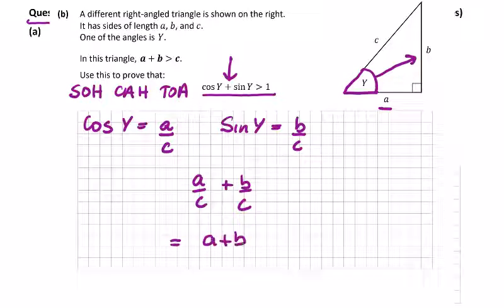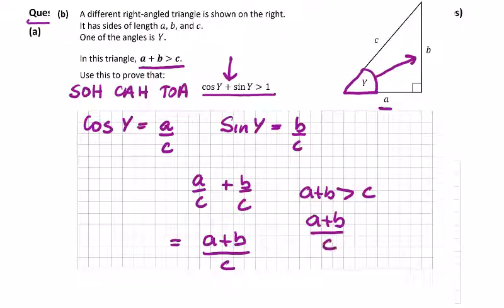So A plus B over C. And we're also told A plus B is greater than C. So if A plus B is greater than C, we can say that A plus B over C is greater than 1. QED. And I put a little therefore in here. And that question is complete.